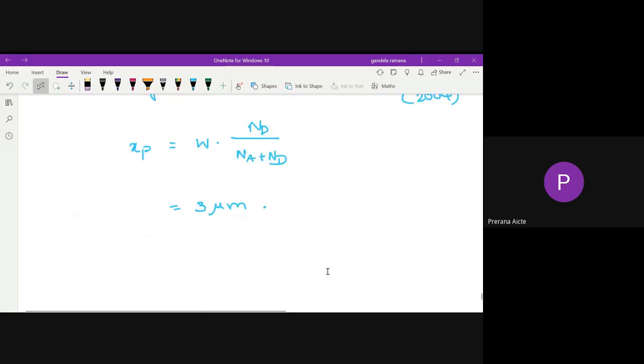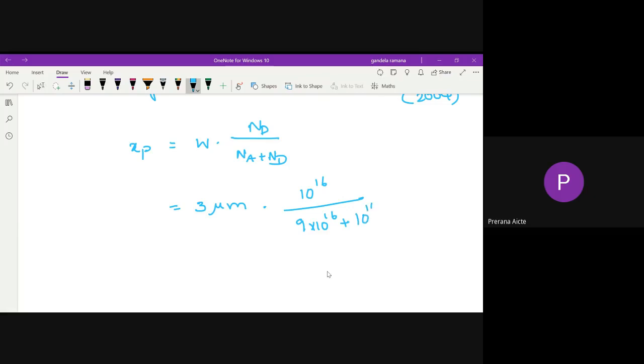So 10 power 16 by 9 into 10 power 16 plus 1 into 10 power 16.